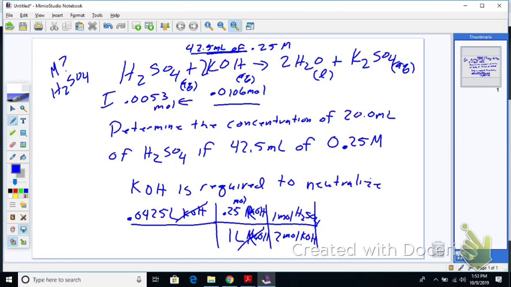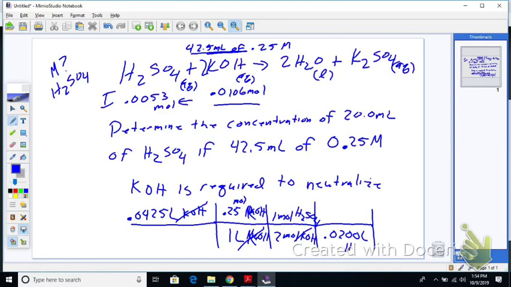So the second step I did was with the ICE, and you kind of realize you have to take this 0.0106, divide by 2, and then multiply by 1 to get to 0.0053. That's what we're doing on this step right here and below. So I'm showing 2 different versions of how you can do this. Then since I have moles of H2SO4, and I want to find the molarity of it, all I have to do then is divide by the volume of the solution, which is 0.020 liters.